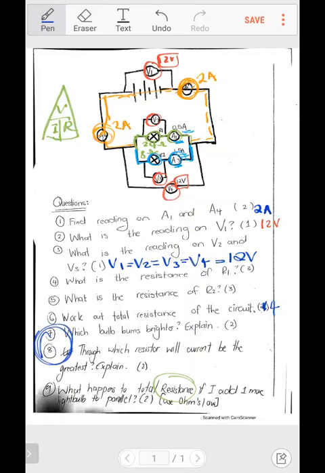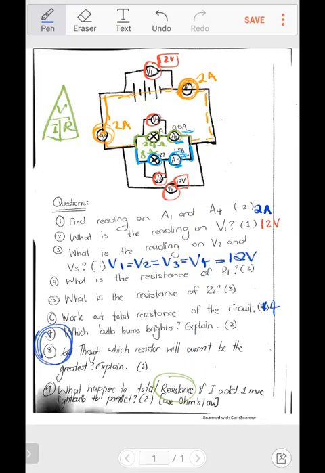Okay? And if I take away a resistor, the greater total resistance becomes. Hope this lesson was insightful. I'm going to add 1 more question for you guys, and then you are going to complete it and let me know what your answers are.